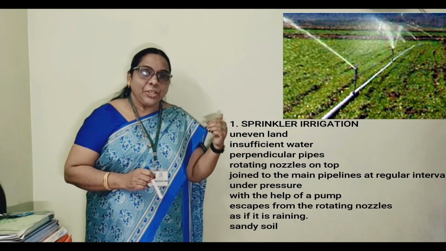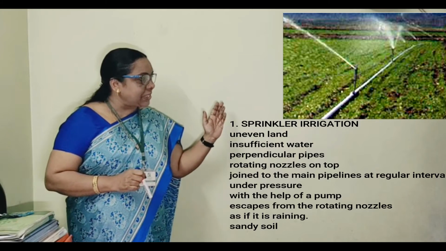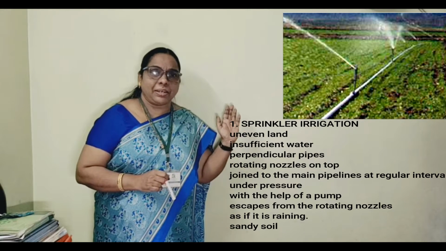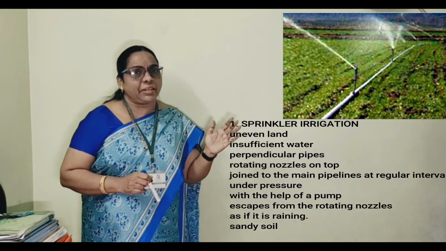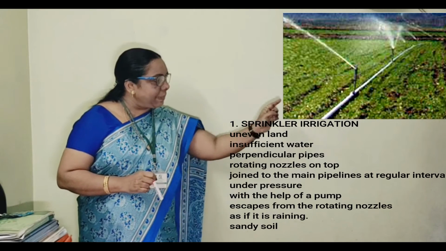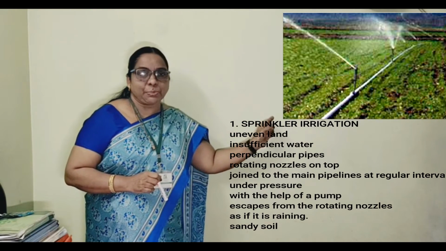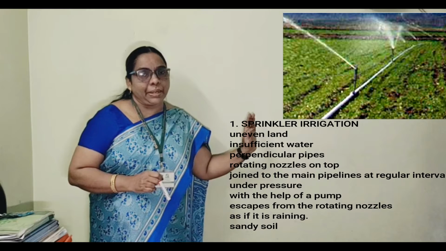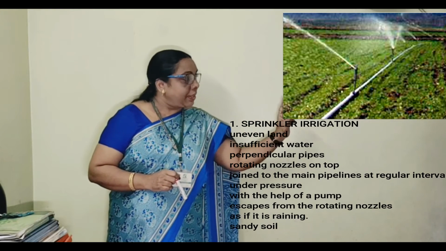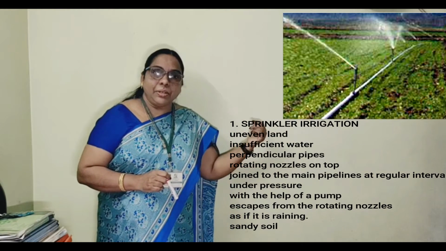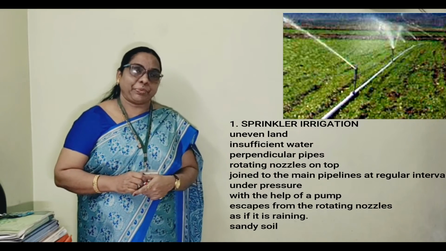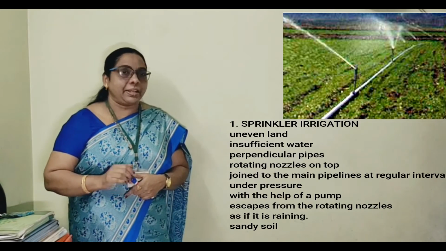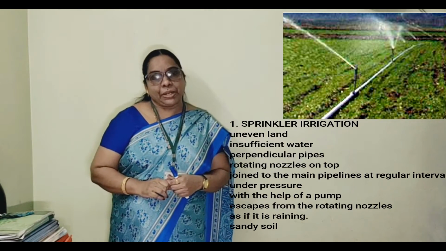The main pipeline means either a well or water jet pumps, whatever they have, and this pipeline system is connected to the main pipeline. So that is the setting of these perpendicular pipes.